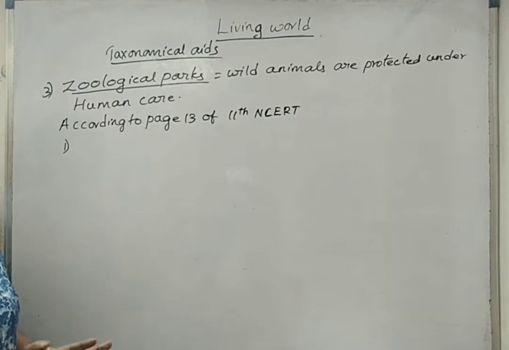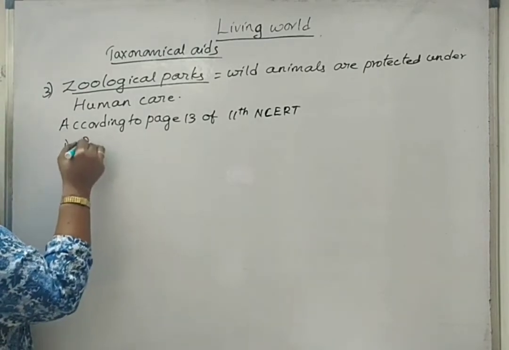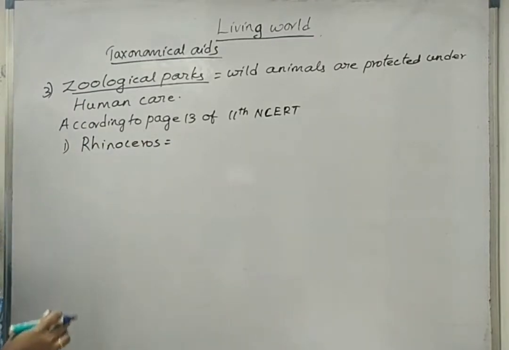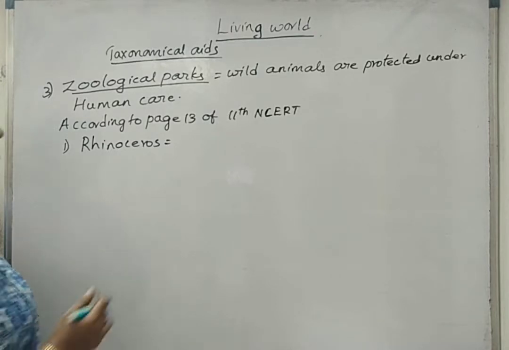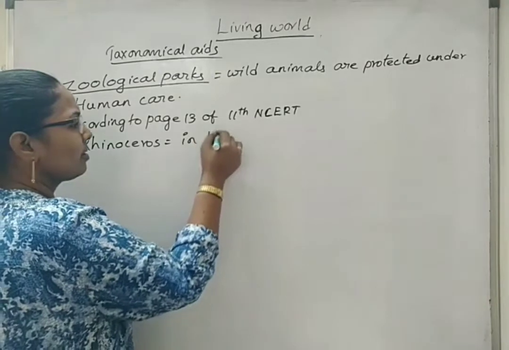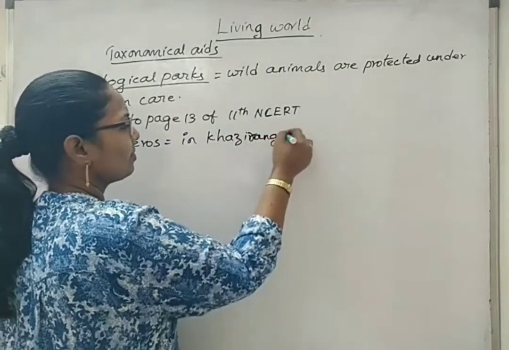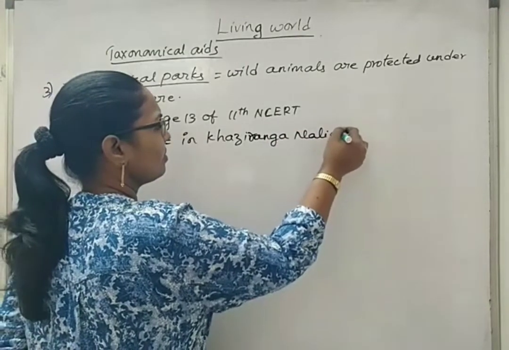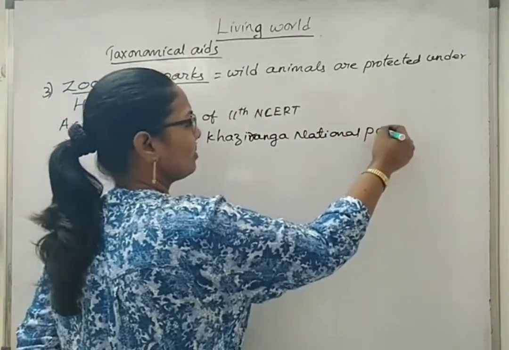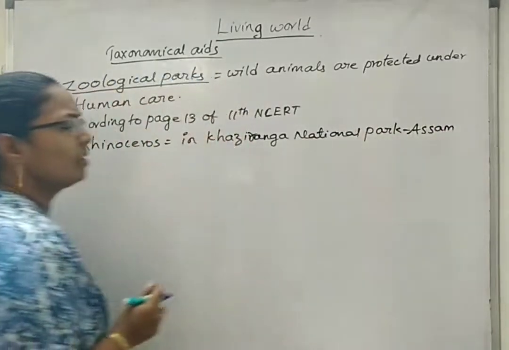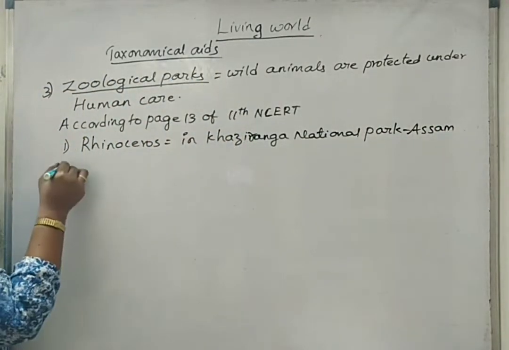The first diagrammatic representation is the rhinoceros. Rhinoceros are present in Kaziranga National Park, in Assam. Next, birds.